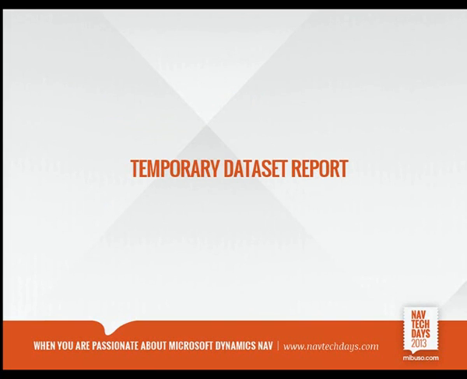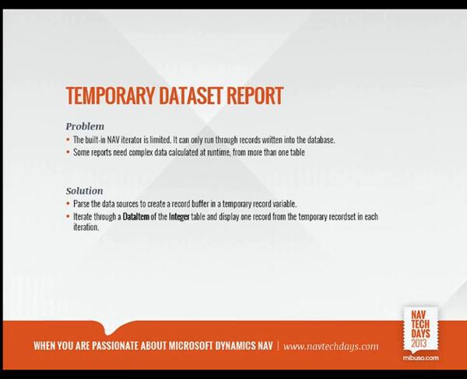Pattern 2, it's called the temporary dataset report. The context for this pattern is that if we have a data report, we are not always that lucky that we have all our data already computed in a table that we just simply hook into the report and use the built-in NAV iterator to go through that and show it.